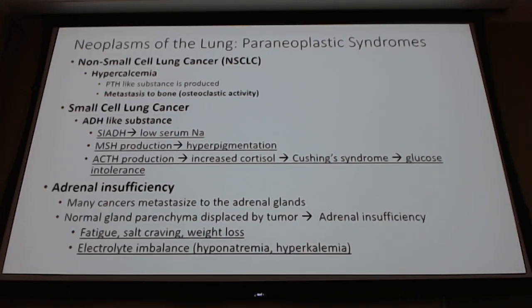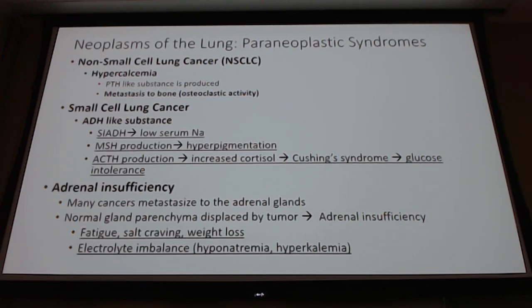Okay, with small cell lung cancers, it's going to be like an ADH, so antidiuretic hormone. If you have SIADH, your sodium is going to be low. If you have MSH production, you're going to have hyperpigmentation.